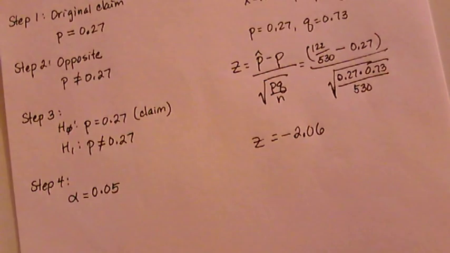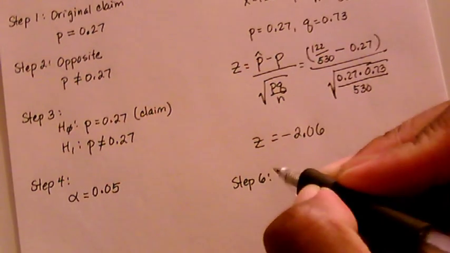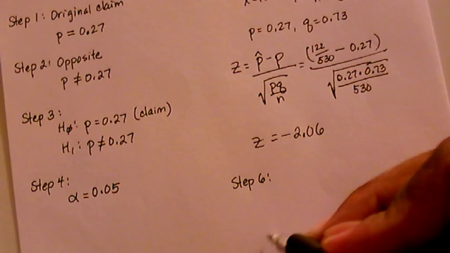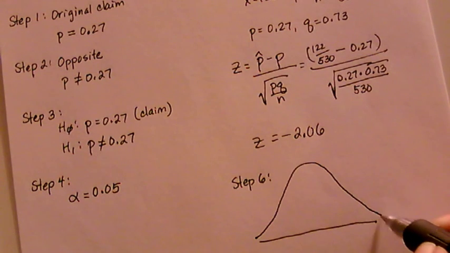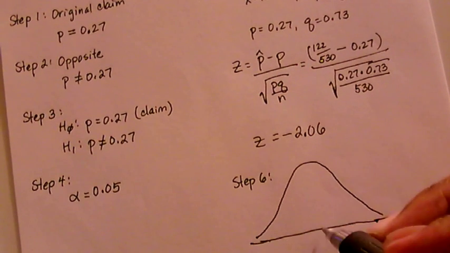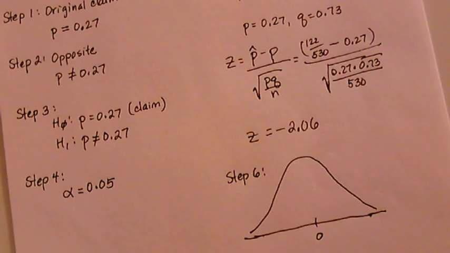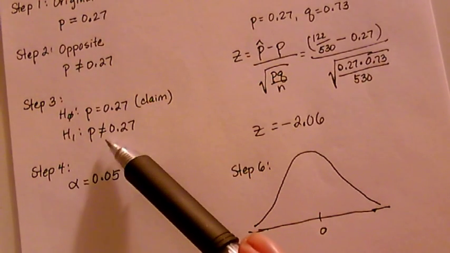Okay. Step number 6. Now we're using the p-value approach, so we're going to have to calculate or find the p-value. Okay? And this is where we use that standard normal distribution table, or table A-2. Okay. Now, is this a left tail test, or a right tail test, or a two-tail test?